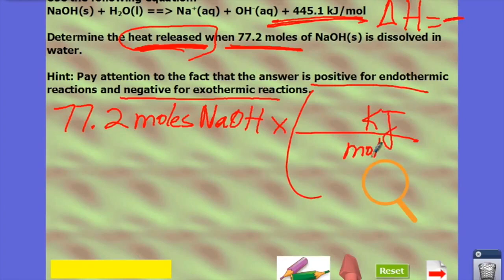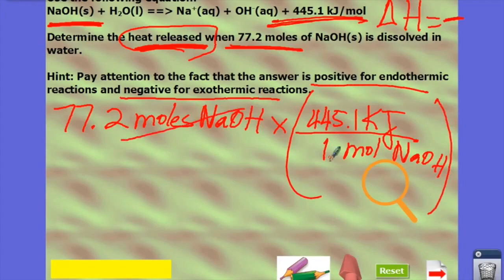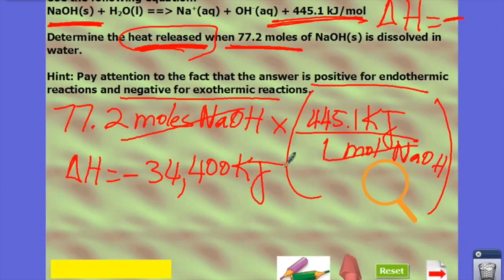From the balanced equation, every time 1 mole of sodium hydroxide reacts, 445.1 kilojoules of heat will be released. So I just use my conversion factor, cancel out moles, and the answer is negative 34,400 kilojoules. Thank you. So it's just a matter of doing the mole to mole ratio to find that heat.